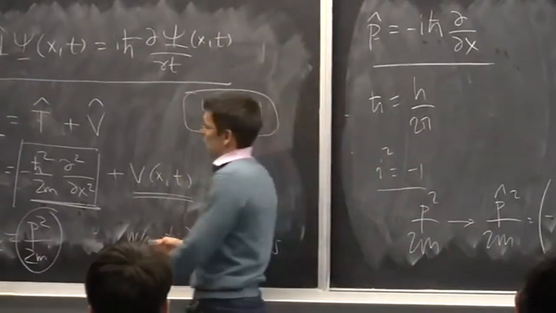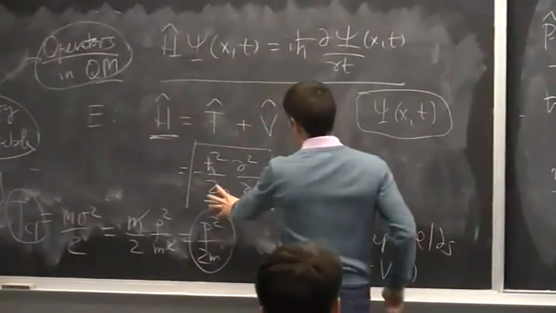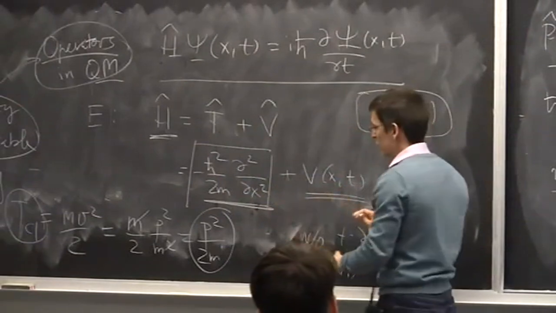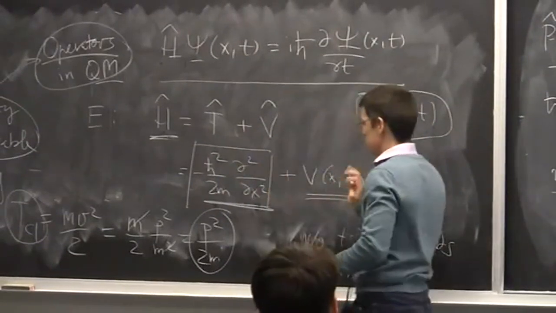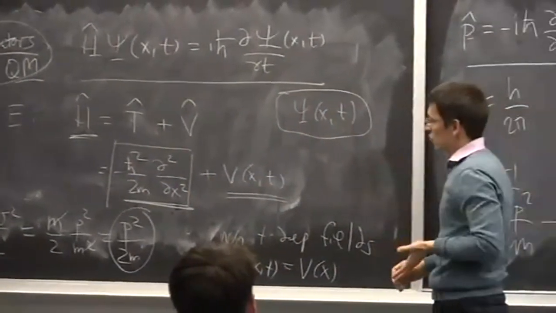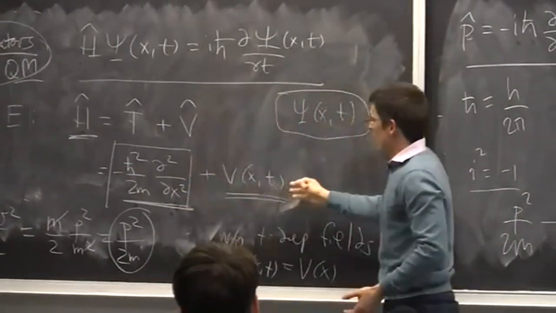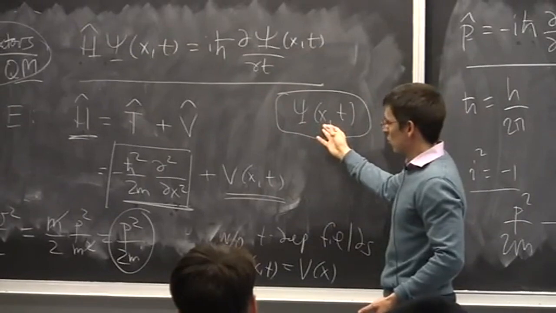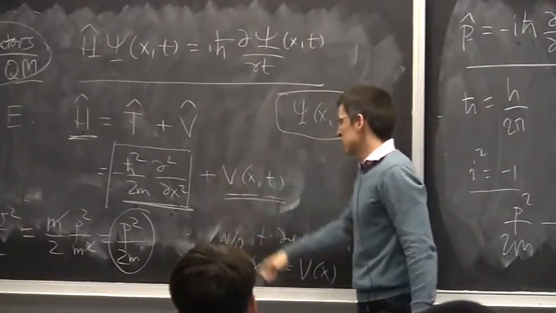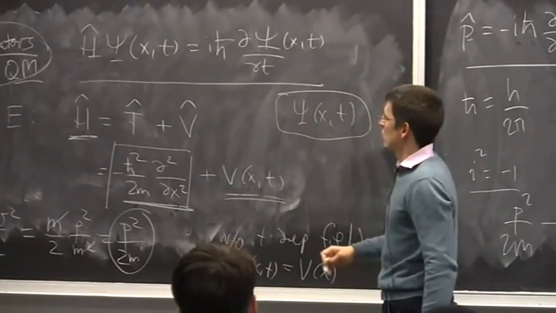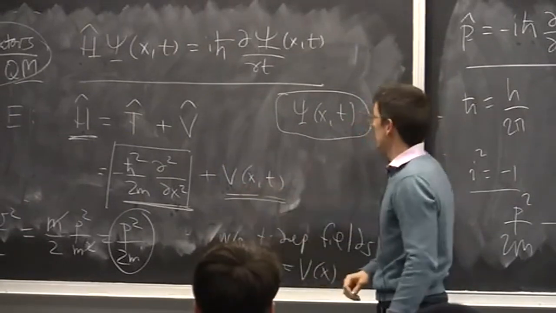Because the Hamiltonian is already defined, it's defined in this weird quantum way where we have operators, but even without calling them operators, I can write down this equation where I'm considering the second derivative of this quantity plus some function multiplied by this function. This function is known, right?